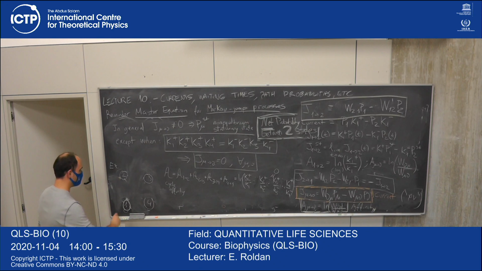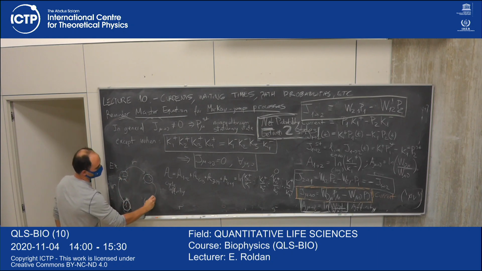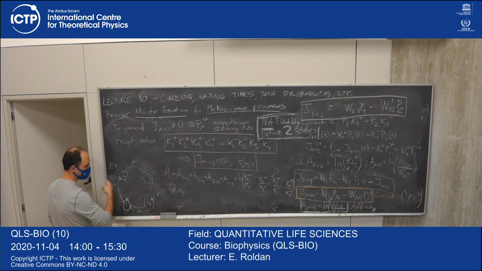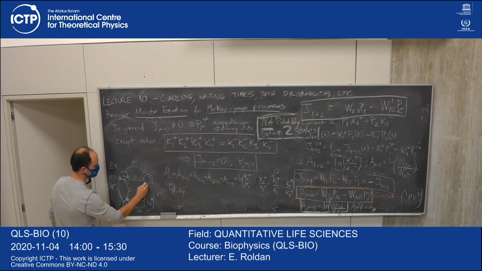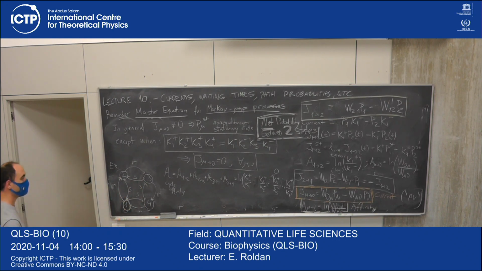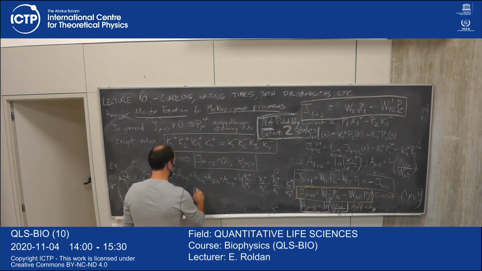You may have, for example, rate R, R, R, and R. So clockwise I go with rate R, and counterclockwise I go with rate S. In this case, if R is different to S, there is a current.